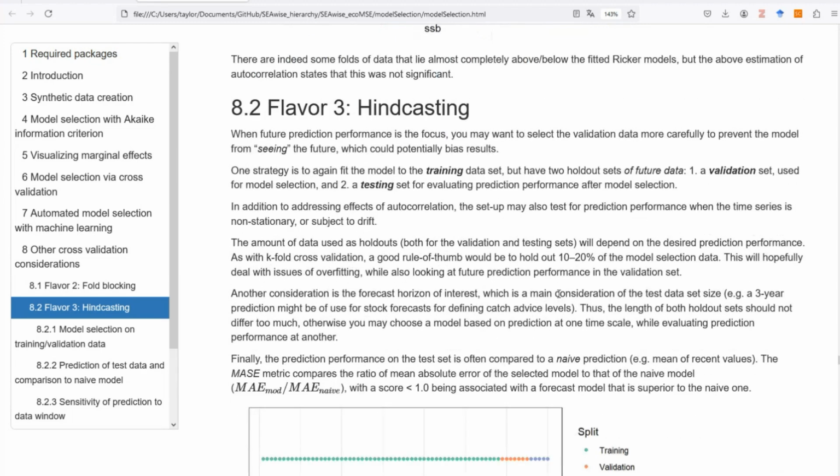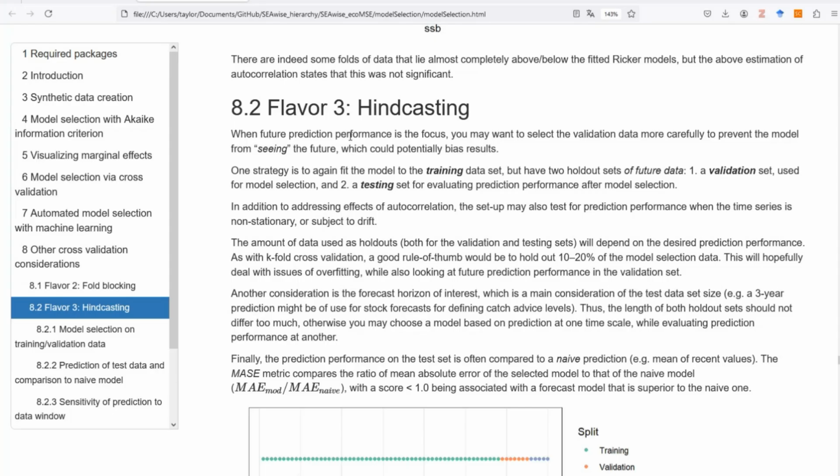And the last flavor that I want to talk about, getting back to things that were mentioned on the first day as maybe being of interest to some of you, is a hindcasting technique. This is specifically important when you're looking to predict into the future.